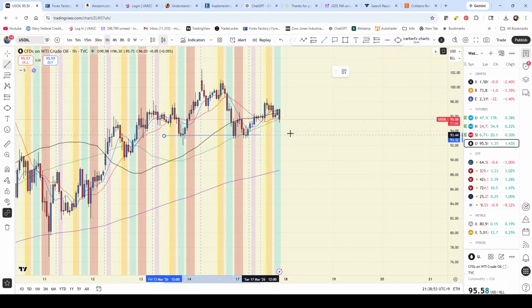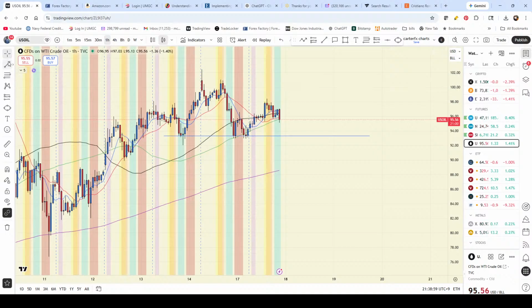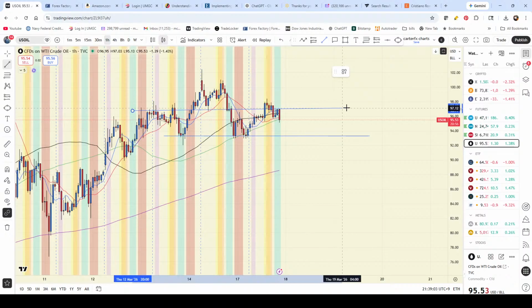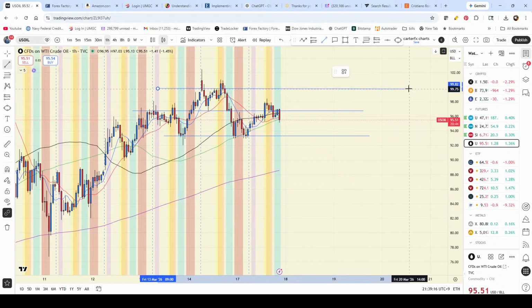I like this trend line right here. I like this support right there. That's looking good. And then we have support here, somewhere around there.